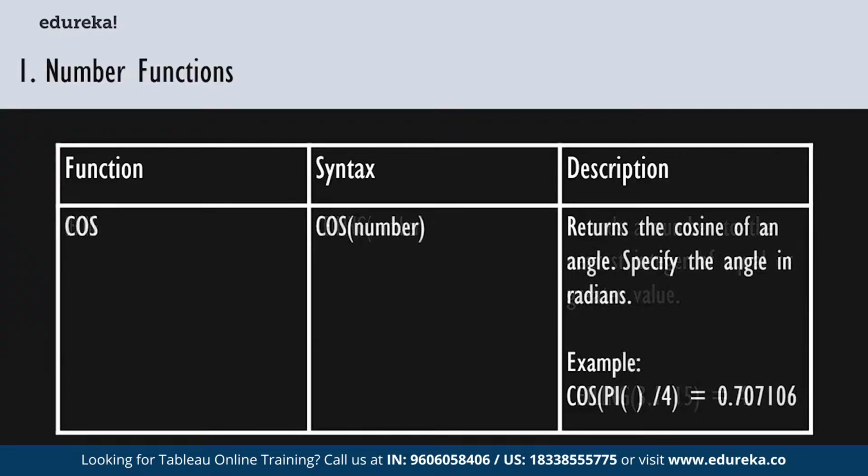Next we have cos. Now cos, or cosine of an angle, is pretty self-explanatory. Most of you, I'm sure, would have studied this in school. It basically returns the cosine of an angle if you give your angle in radians.